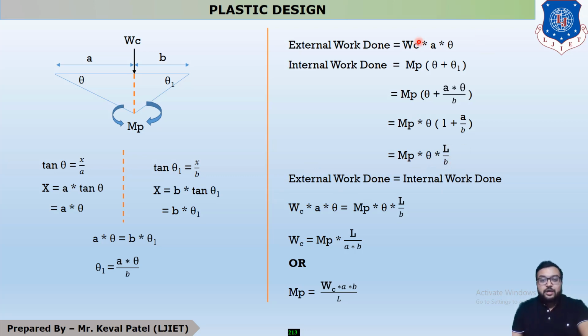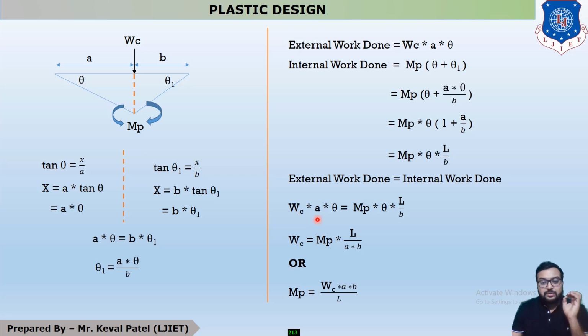So your external work done is in theta form, and now your internal work done is also in theta form. Now you can equate both the values. Your final answer is WC into a theta is equal to mp theta L by b. Now you can see that theta is cancelled. If in the GTU exam it is clearly mentioned to find out the collapse load, then you have to make collapse load the subject.